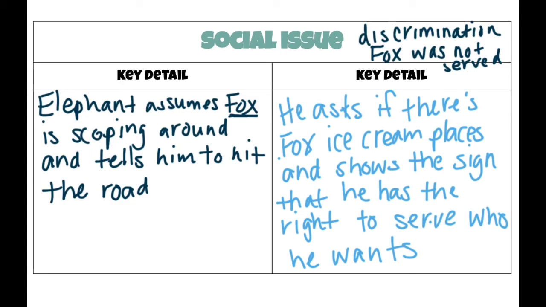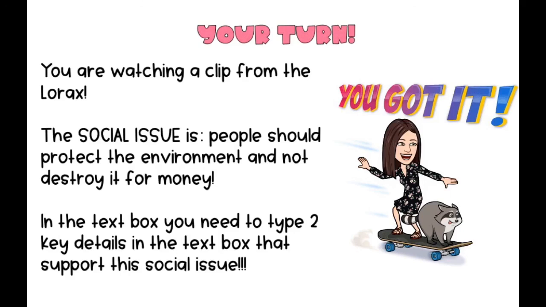And when we look at this, we notice that afterward, Officer Hopps hears this, and she steps in and tries to take the power by saying there was some violations in there. So she was trying to fix the discrimination that there was. So when we think about this, these key details relate to the social issue. We don't want to say that Fox had a cute little baby because that did not relate to the social issue.